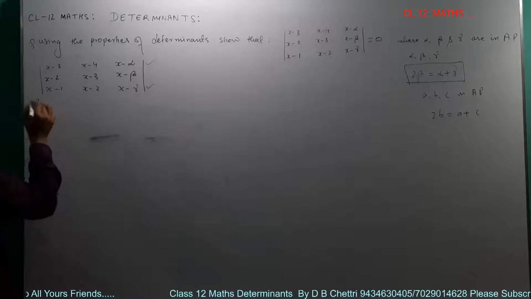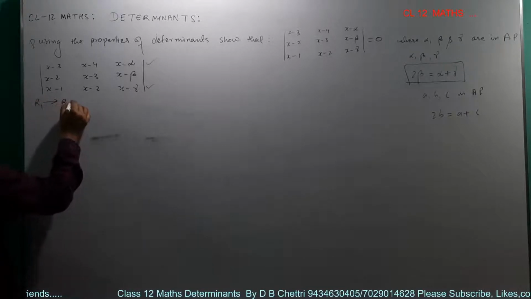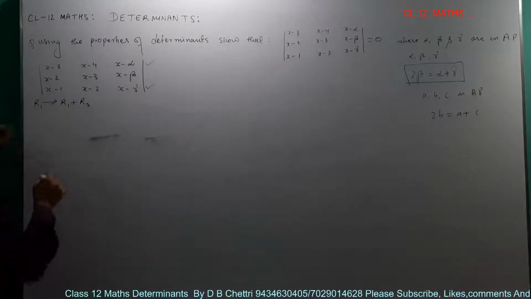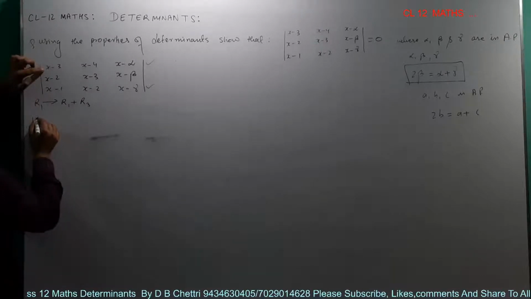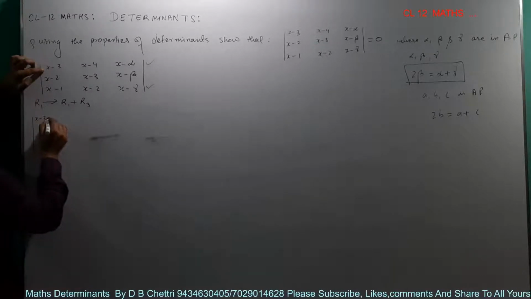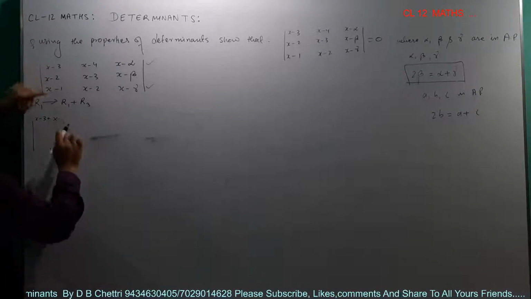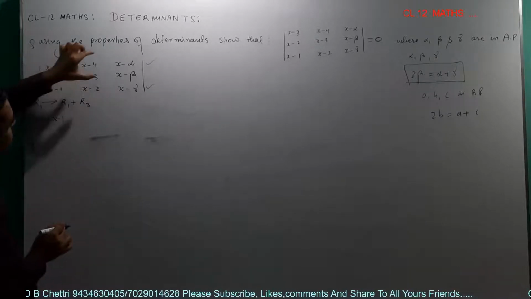Now we apply the operation R1 changes to R1 plus R3. That means x minus 3 plus x minus 1 here, R1 plus R3 in each column.